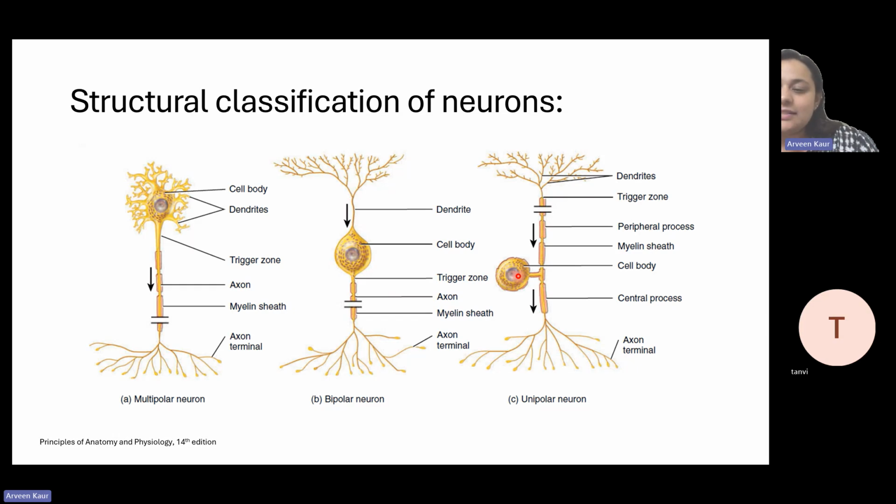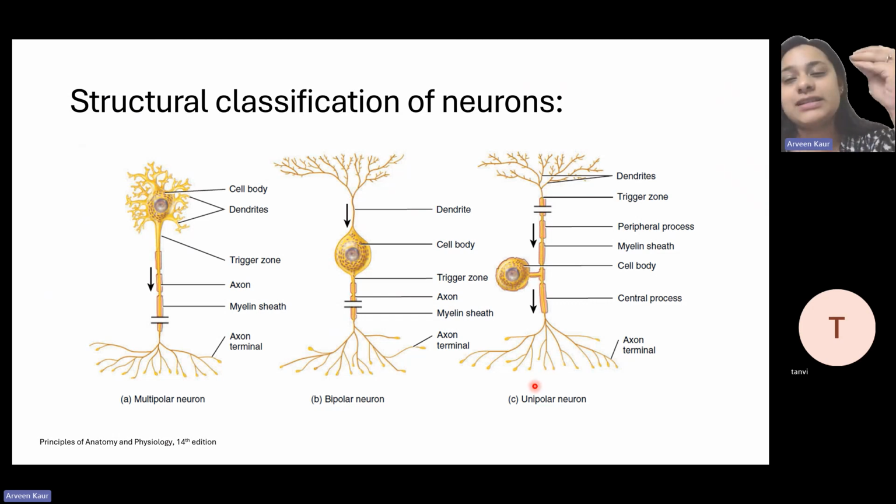It is believed that these unipolar neurons, during development, are also bipolar, right? And when development is taking place, what happens is that the initial extension for the dendrite and the initial extension for the axon get fused together, and they then form this unipolar neuron.